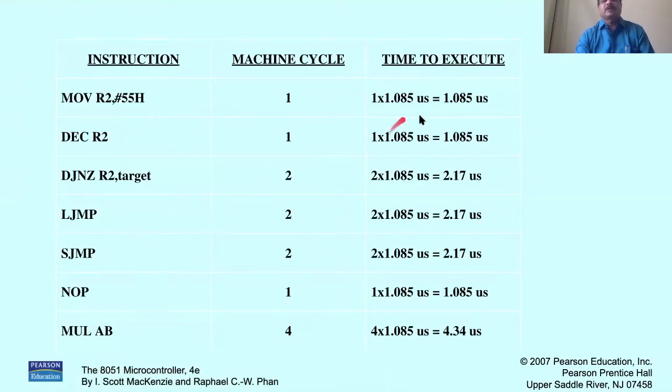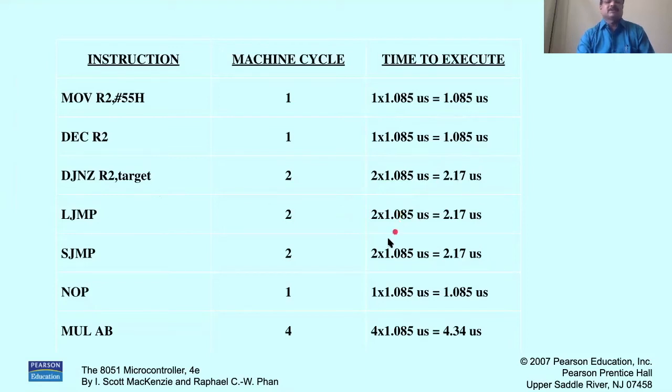Now from that you can calculate how much time is required for that particular instruction. Whenever it is one machine cycle, then 1.085 microsecond is the time required. If 2 machine cycles are required, let us say the DJNZ instruction, then 2.17 microsecond is the time required.